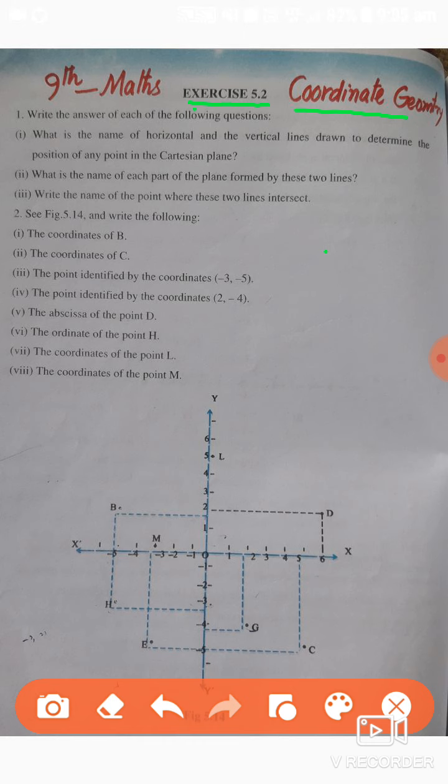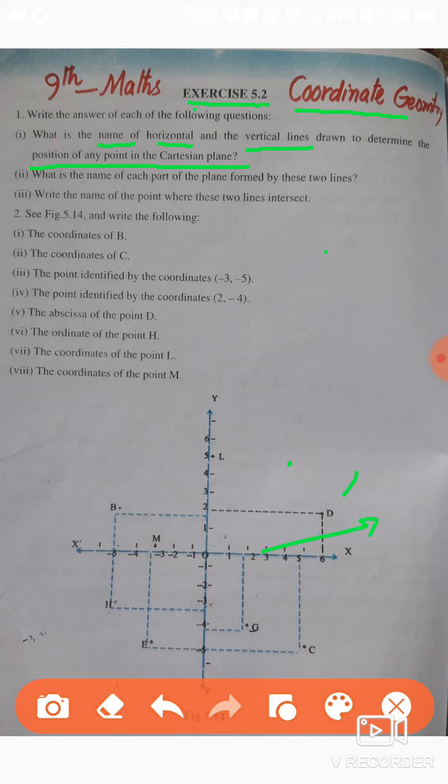So पहला क्वेश्चन है, what is the name of the horizontal and the vertical lines drawn to determine the position of a point in a Cartesian plane? So in order to determine the position of a point in a plane, we draw two lines. One a horizontal line, that is x and x prime.